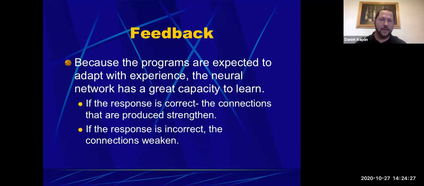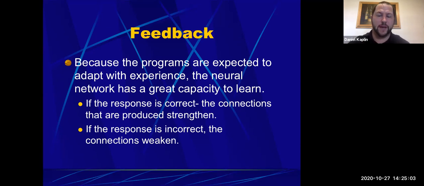Now, what about feedback? It's interesting that, similar to neurons, computer programs can offer feedback and can adapt with experience. So I talked to you about IBM Watson. If the computer does something that is correct, the connection between that input and output is strengthened. If the response is incorrect, the connection between that input and output is weakened.